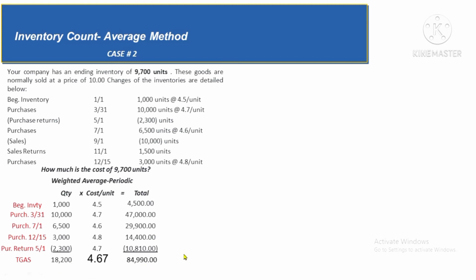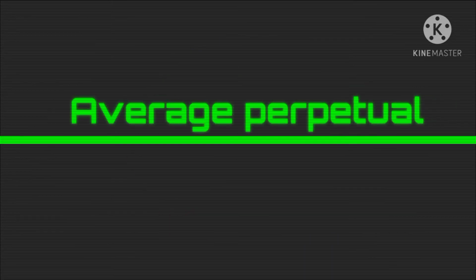How did we get that? That's 84,990 divided by the 18,200 units. And if the remaining inventory is 9,700, you just have to multiply that with this average cost of 4.67, and then you are going to get 45,299 as the ending inventory under the weighted average method, or the average periodic.